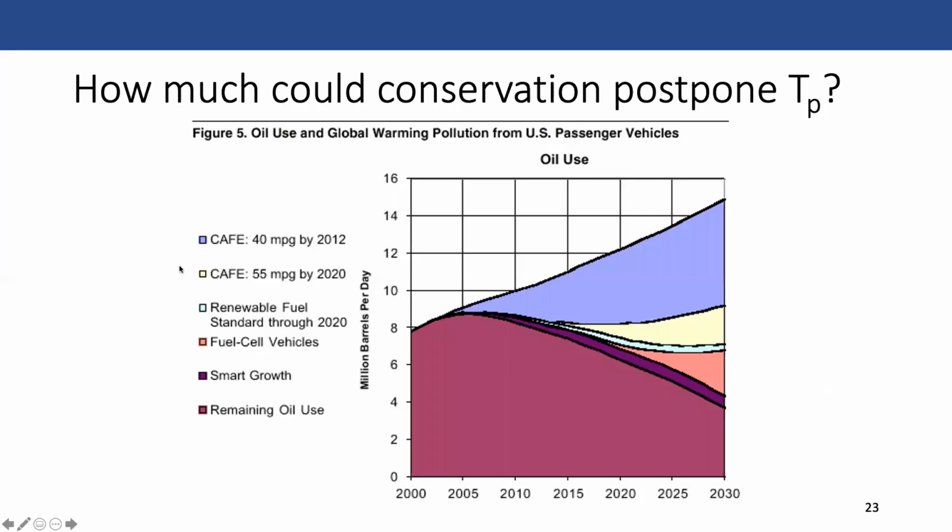For those who've looked at project descriptions already, you may have a better sense of what this is, but essentially it's US regulation that makes our cars more efficient and thereby makes us consume less fuel. And so, over the next decade or so, you can see the resulting decrease by having a standard of 40 mpg, and then a higher standard of 55 mpg will decrease it even more.